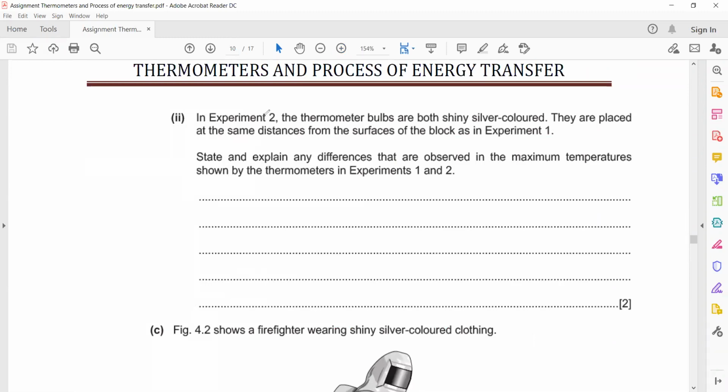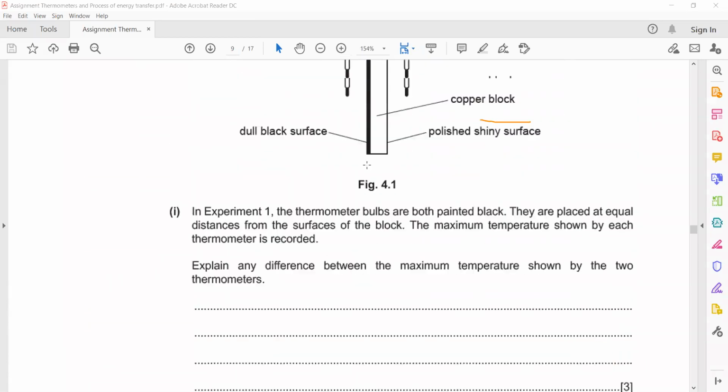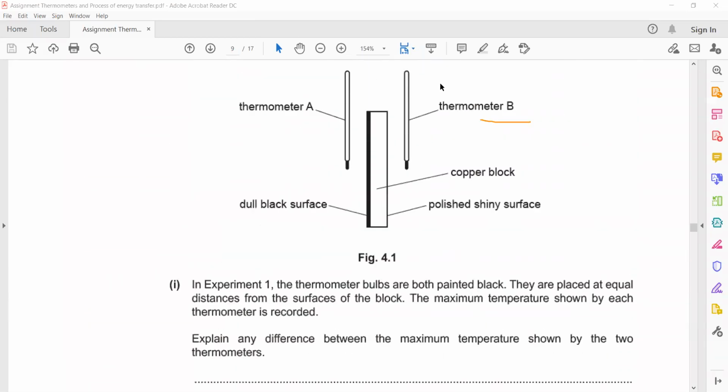In the next part, in experiment 2, the thermometer bulbs are both shiny silver colored. The two thermometer bulbs, not the surface, are now shiny and silver.